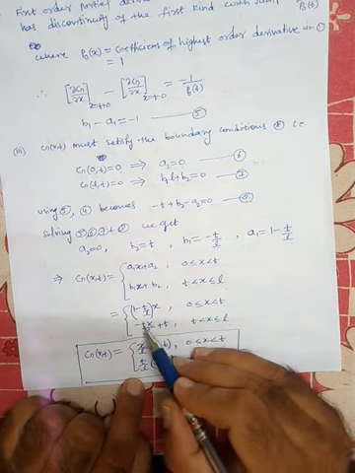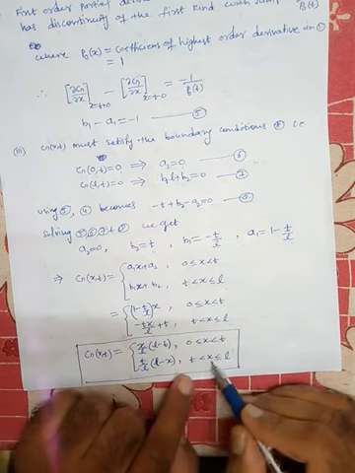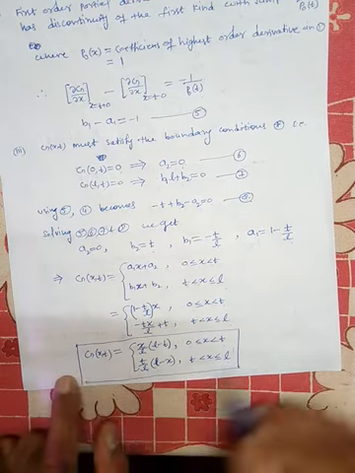Here you can take t by L common, so (t/L)(L minus x) when x varies from t to L. So this is the Green's function.